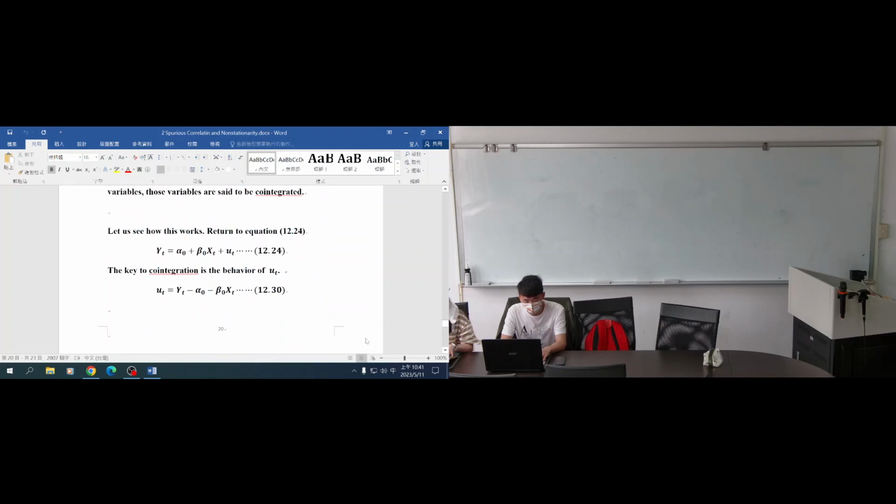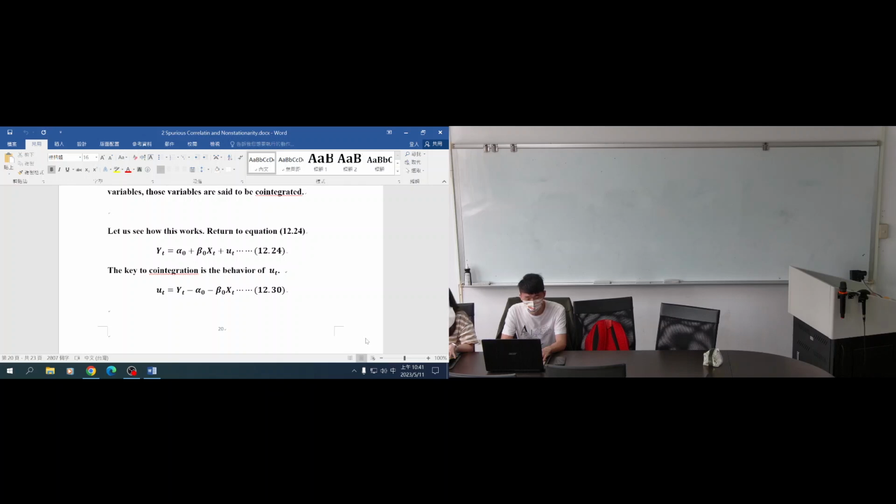Look at these two equations. The first one is 12.24. Originally, 12.24 tells us that yt and xt are non-stationary. So if we run these regressions, the result is spurious.